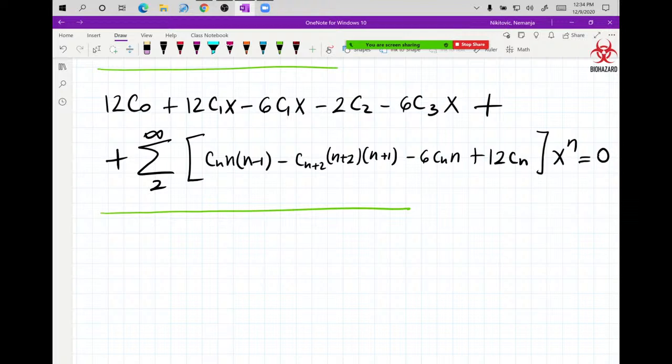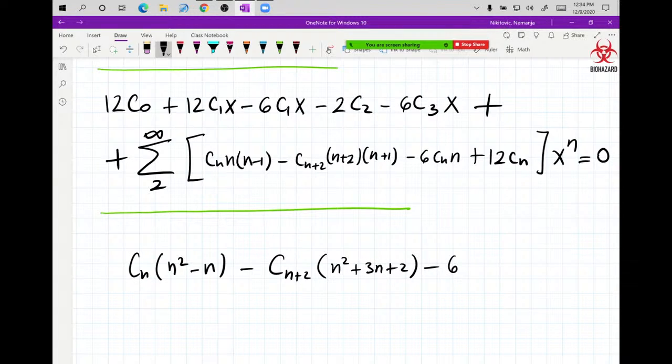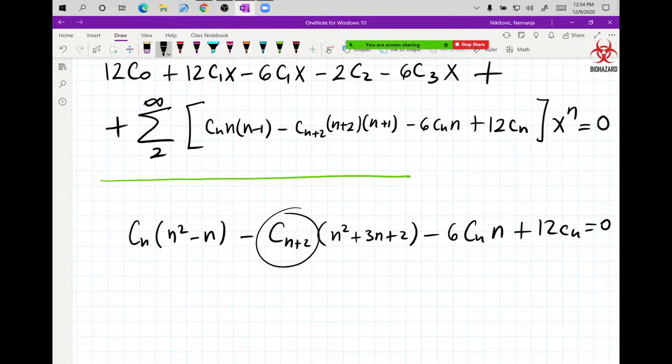Now, let's go and deal with Cn. You know what? n squared minus n, minus Cn plus 2 with n squared plus 3n plus 2, minus 6 Cn times n plus 12 Cn equal to 0. That's the highest one we're going to solve for.